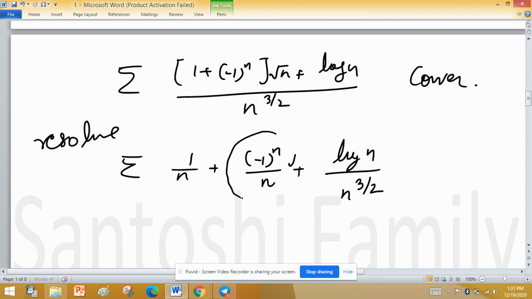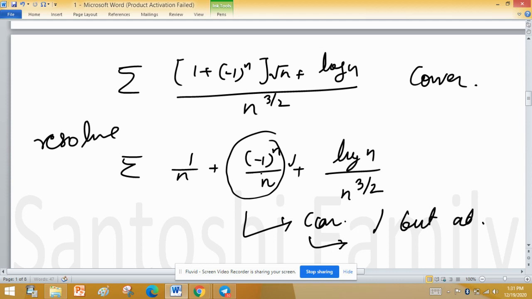Now this alternating part is convergent but not absolutely convergent. By the Leibniz test it is convergent because it is monotonically decreasing and its limit is 0.